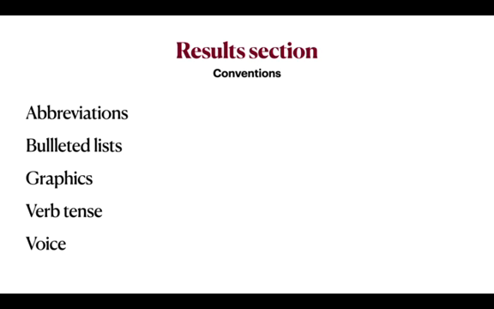Now, when it comes to verb tense and voice, poster results sections use past tense to describe results obtained in the past and present tense to describe facts expected to be true over time. When it comes to voice and the use of we, poster results sections use both passive voice and active voice, but the word we is usually avoided.